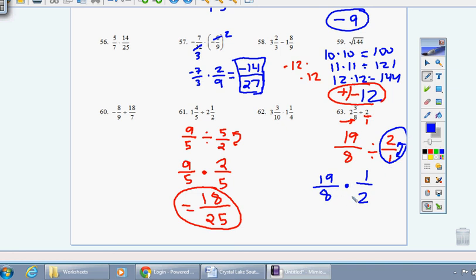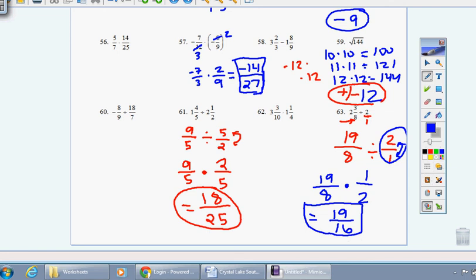Now I can see, is there anywhere I can reduce? Can I reduce 19 over 8? No. Can I reduce 1 over 2? No. What about cross? Can I reduce 1 and 8? Nope. 19 and 2? Nope. So now we just multiply across. 19 times 1 is 19, and 8 times 2 is 16. So I have 19 over 16. Okay.